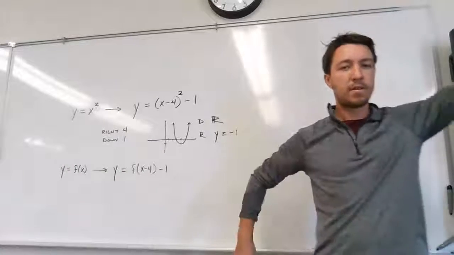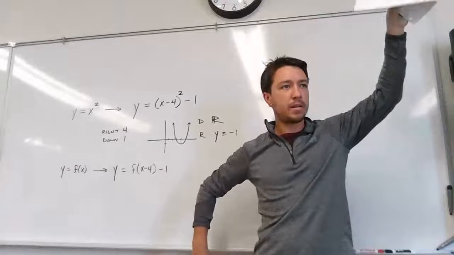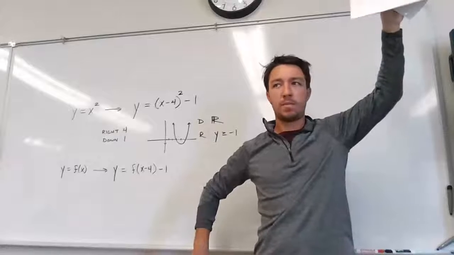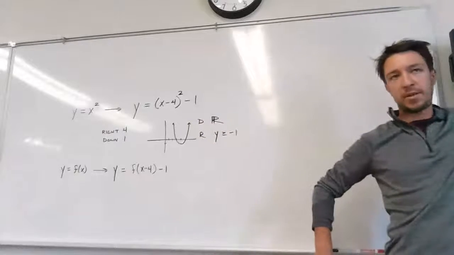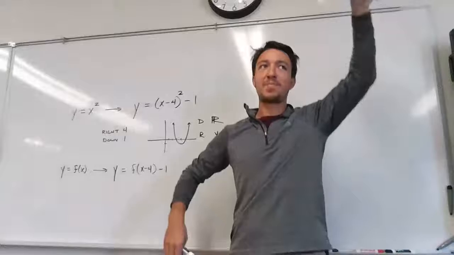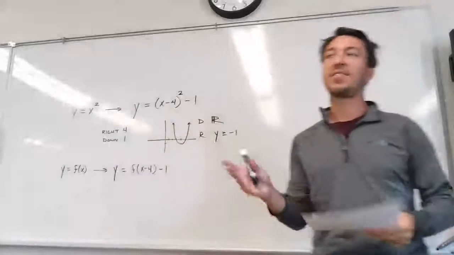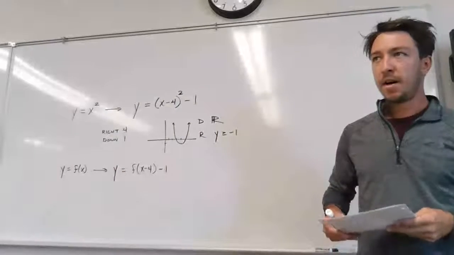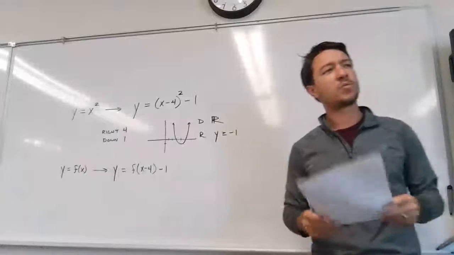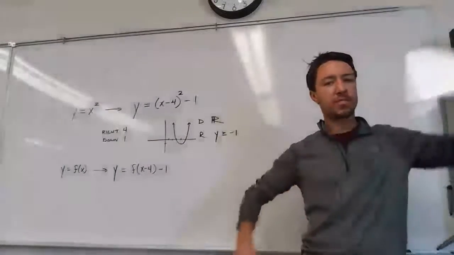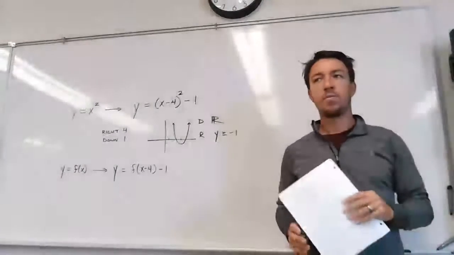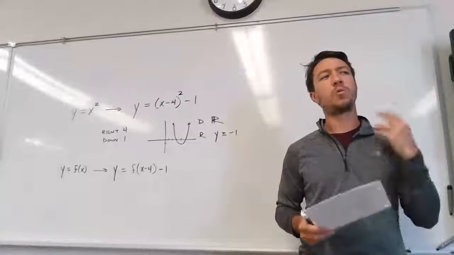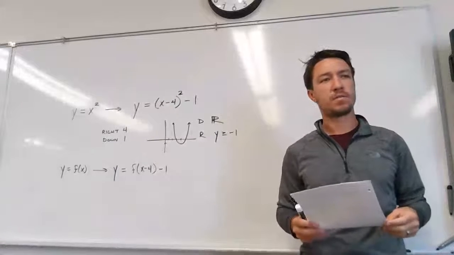Because you start off with this thing where domain's all reals, range is all reals. If you shift them to the right, same thing's true. Shift them to the left, shift them up, shift them down. You get the idea. So no matter what you do to them, I guess there's one exception. What's a transformation you could do to this function where the range would no longer be all reals?